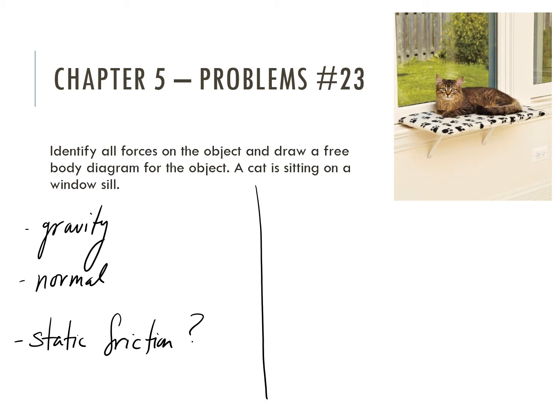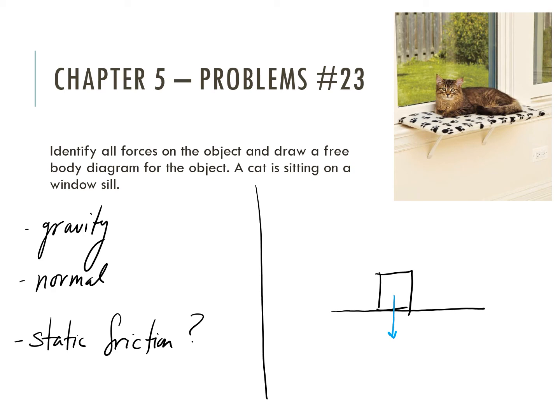So let's go through now and let's draw the free body diagram. So my cat is now a box. You could draw it as a point. You can draw a not very realistic looking cat. Draw a shape. I'm going to indicate that it is on a horizontal surface that corresponds to my windowsill. I now need to draw my forces. According to the definition of gravity, we said it always points straight down.